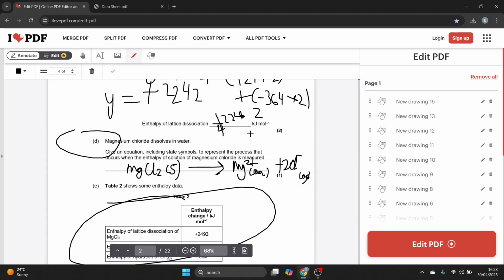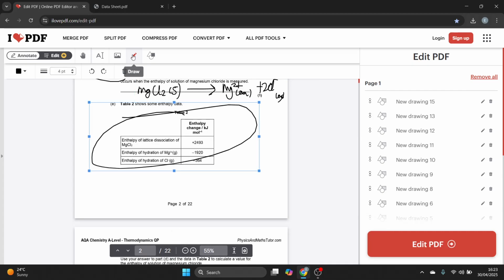Okay, so my equation here is here. I'm going to write it again because I'm going to have to do something else to this equation.